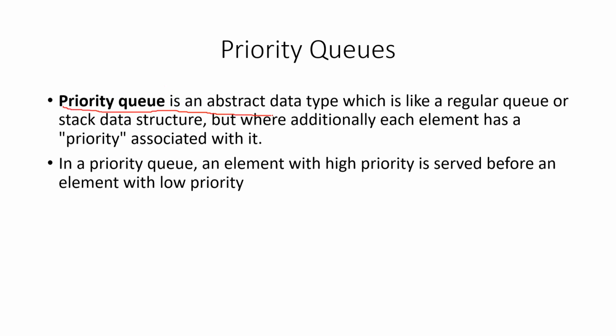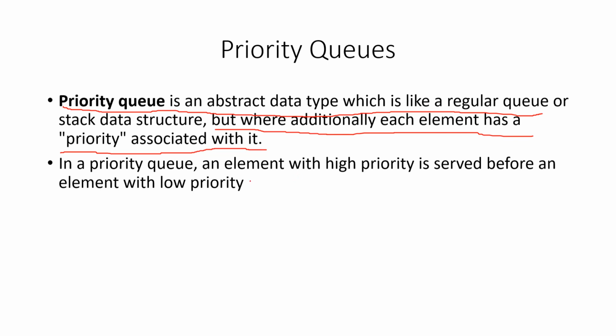Priority queue is an abstract data type which is like a regular queue or stack data structure where additionally each element has a priority associated with it. So you can build the priority queue, and you can get access to the elements with the highest priority in constant time or with a minimal amount of time.